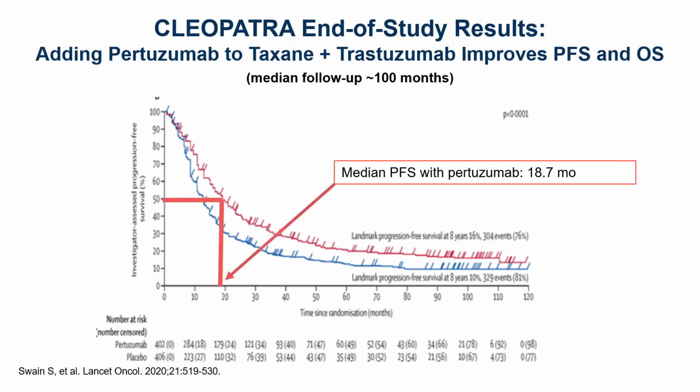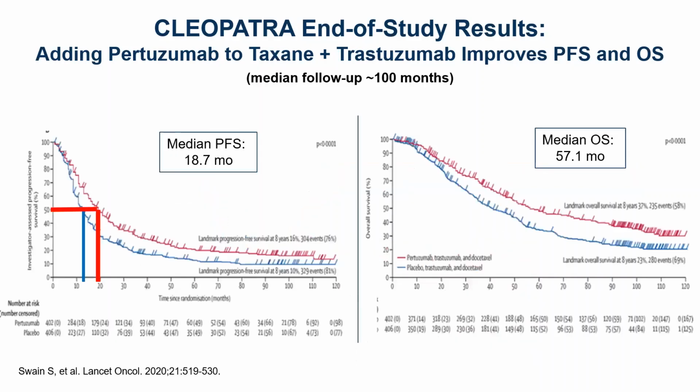And if you look at the median progression-free survival for those who did get pertuzumab, it was 6 months better. It was 18.7 months. Not only was the PFS better, but the overall survival was better, as shown here. 57 months, which was over a year greater than patients who did not get pertuzumab.